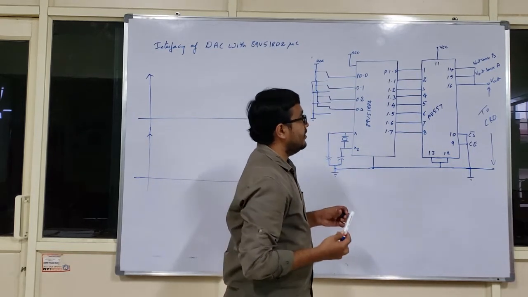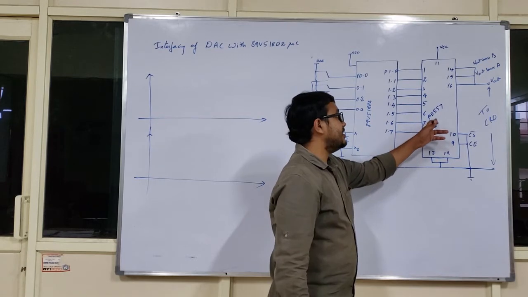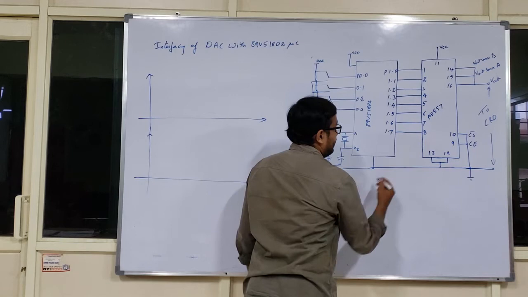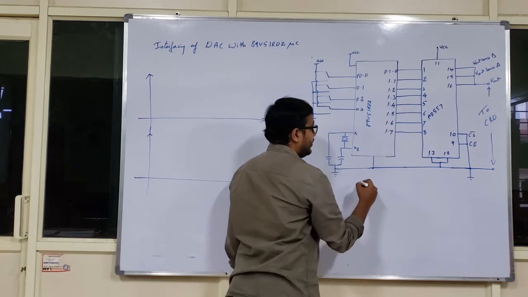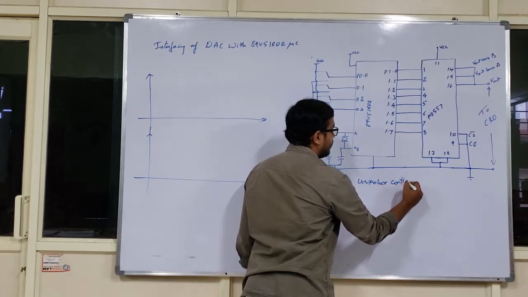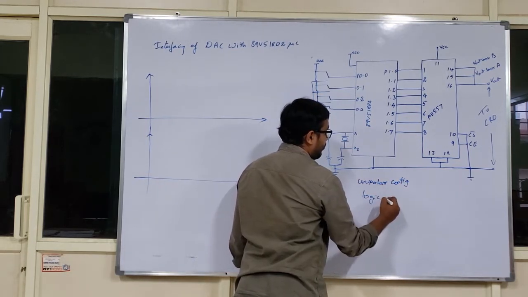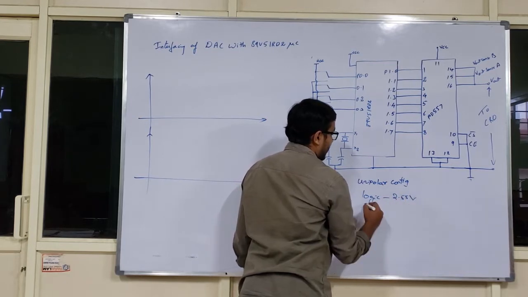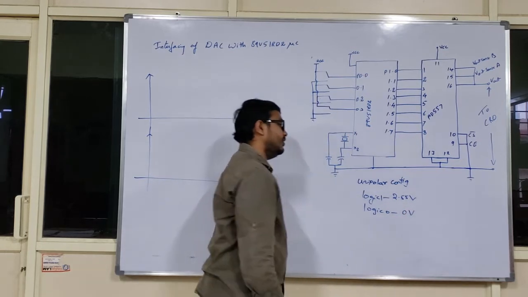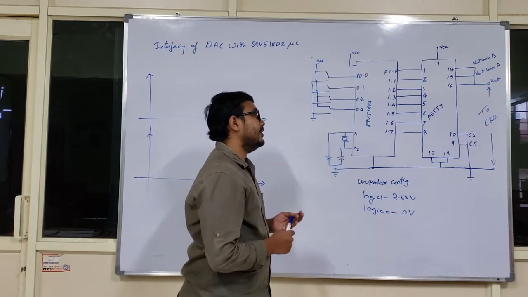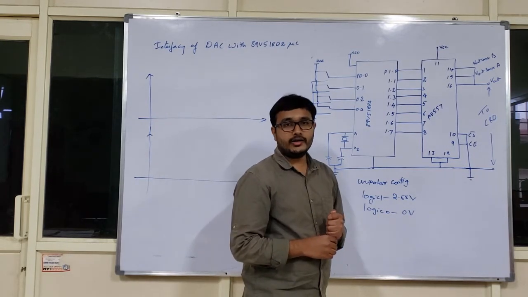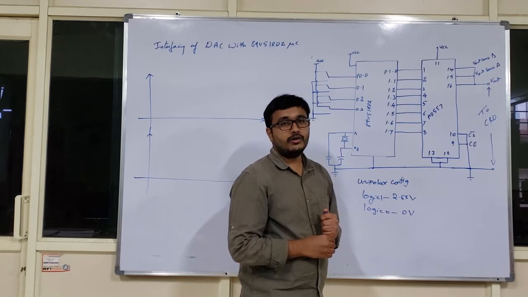Now, the specialty of the AD557 module inside your DAC kit is that it can be obtained in unipolar configuration, having a logic 1 of 2.55 volts and logic 0 of 0 volts. The output of your AD557 is connected to your cathode ray oscilloscope, by which I can see the analog waveforms.